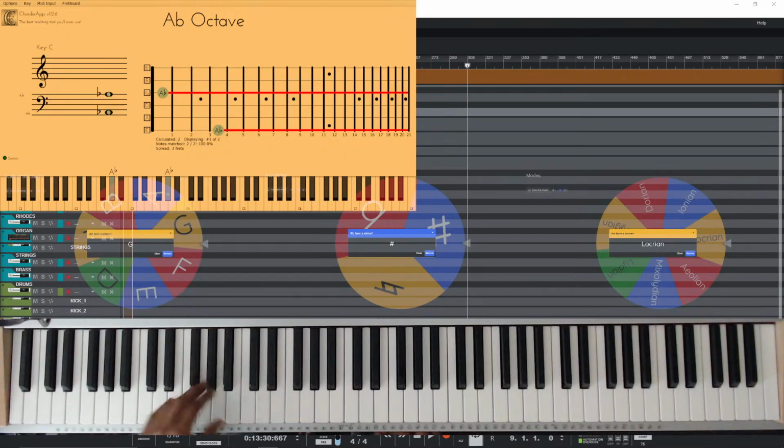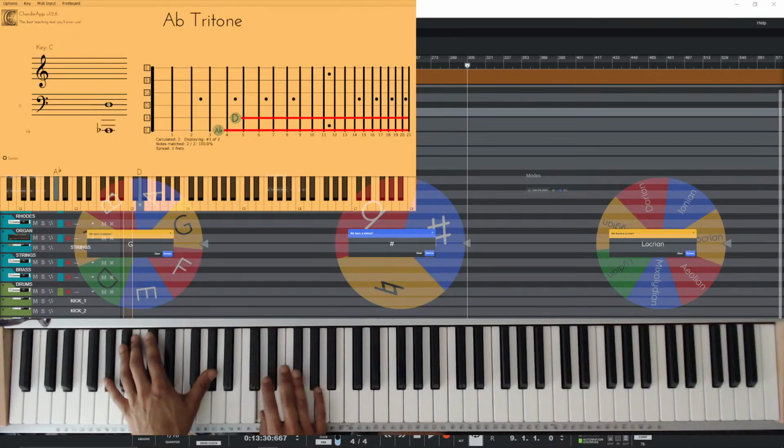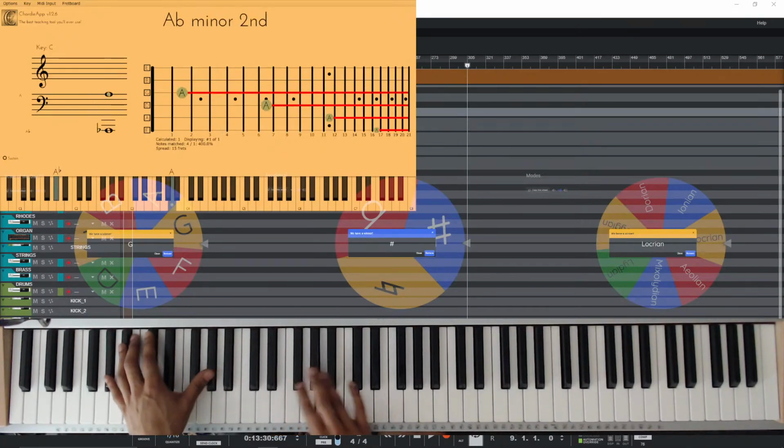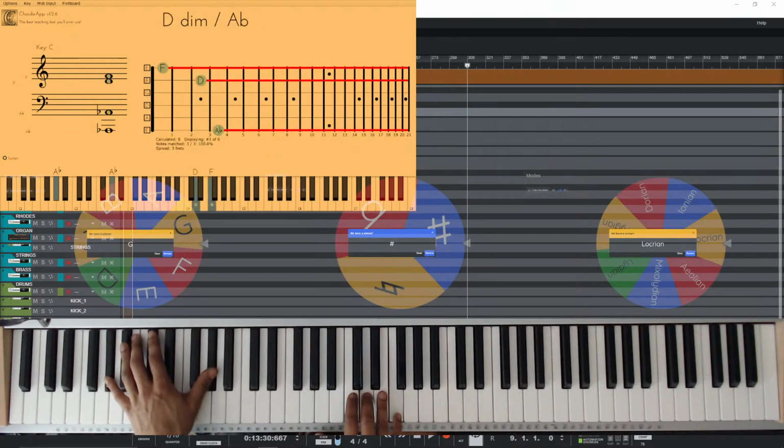Why do we have to play Locrian? Oh, we are misplaying.